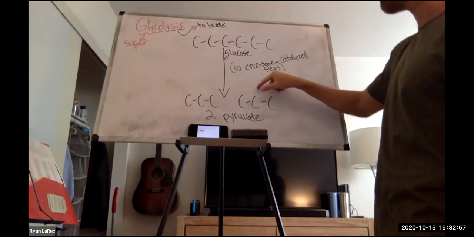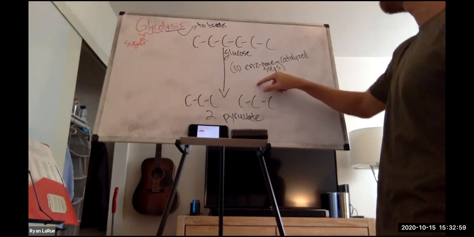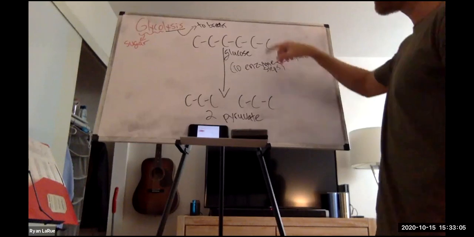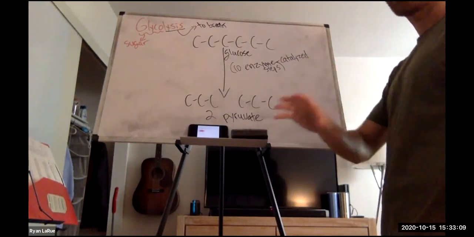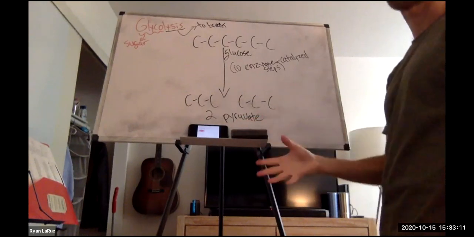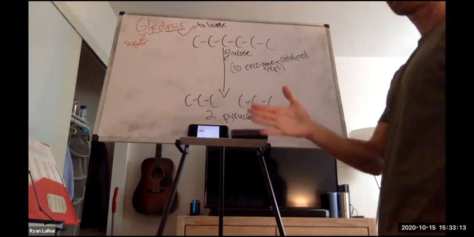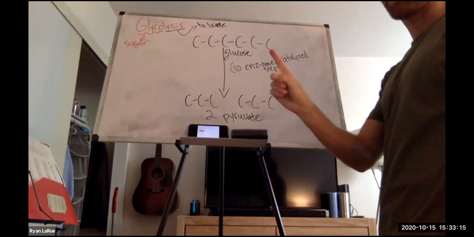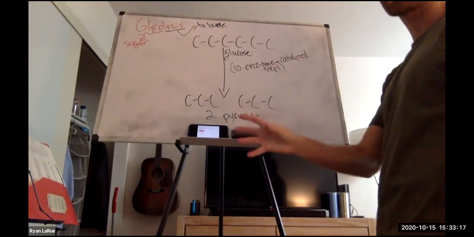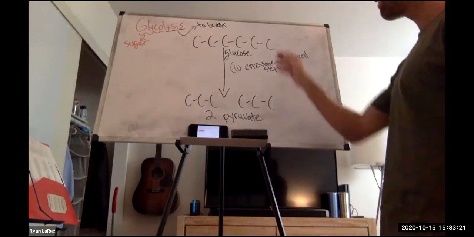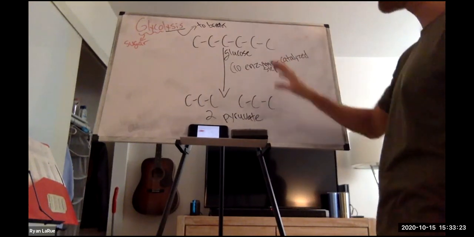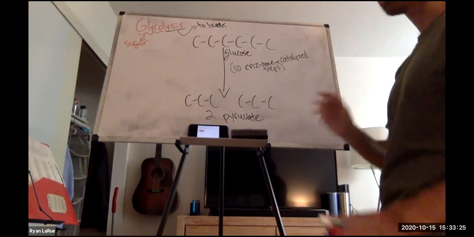I believe it's 1,6-bisphosphate. Oh, I'm forgetting fructose 6-phosphate. Anyway, continuously modified, right? Kind of like it's going down this assembly line and being worked on. Reactant to product with an enzyme involved, right? Chemical reaction after chemical reaction. And so after the 10 chemical reactions, you get these two pyruvate molecules, the splitting.